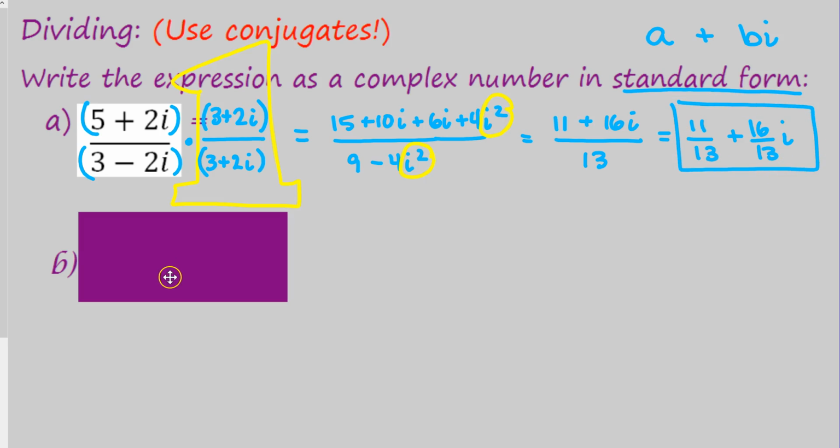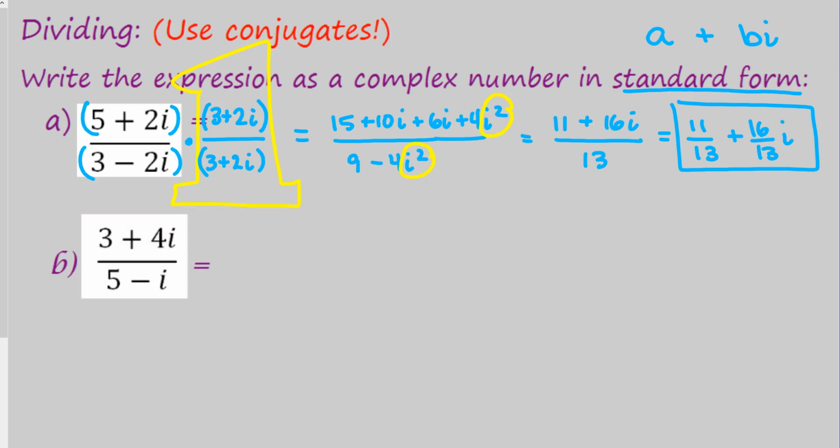So let's try another one. Maybe pause and try this and then compare. So I'm going to multiply by what? The conjugate of the denominator, 5 plus i, over itself for my special form of 1. So when multiplying the denominators, we're going to have 25 minus i squared.